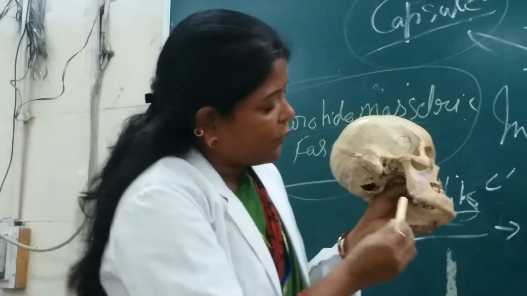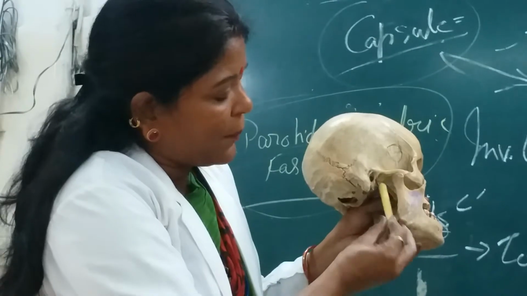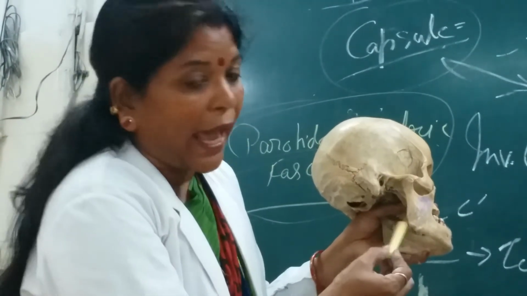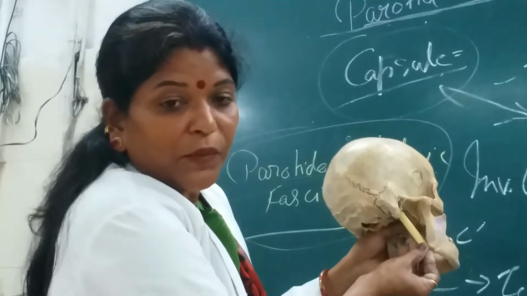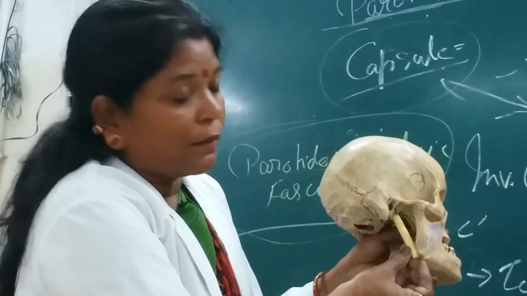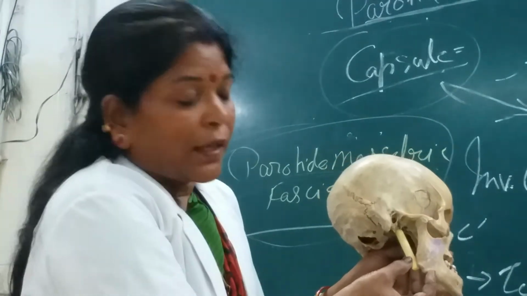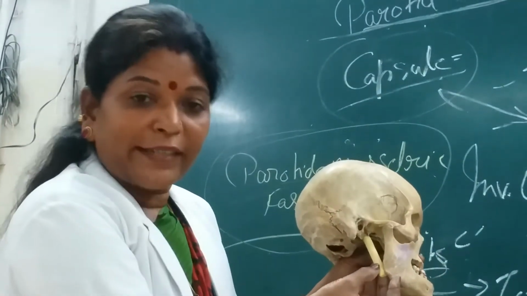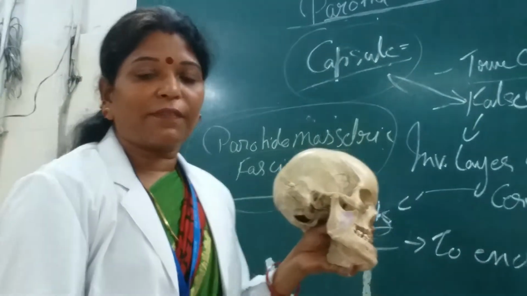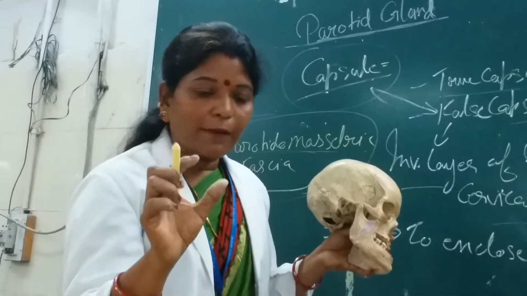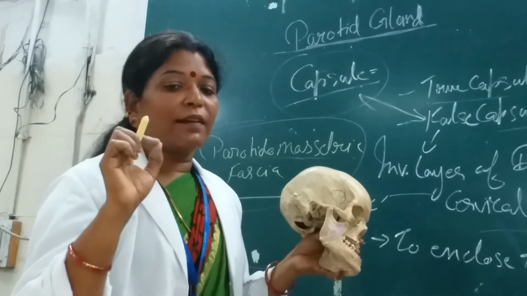The part of this deep lamina which extends, look here very carefully, between the angle of the mandible up to the styloid process like this, you will read as the accessory ligament of the temporomandibular joint, which is a dense part of this investing layer of the deep cervical fascia. This is known as the stylomandibular ligament.